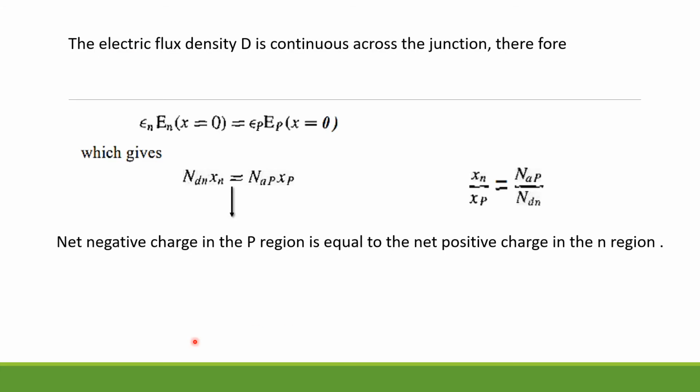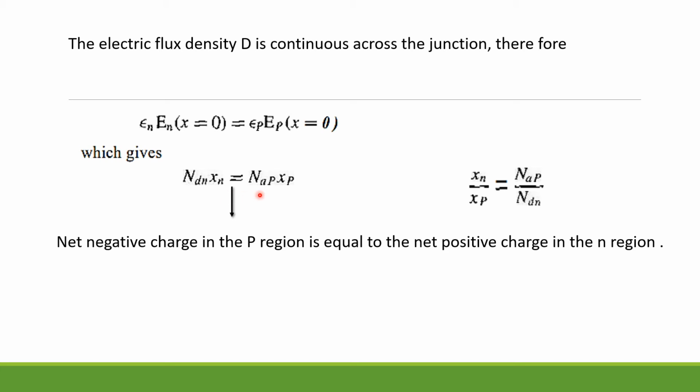The electric flux density D is continuous across the junction. Therefore, at X equal to 0, epsilon N En is equal to epsilon P EP. From this, we get NDN Xn equal to NAP XP.